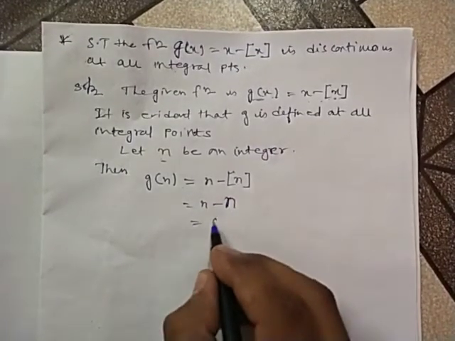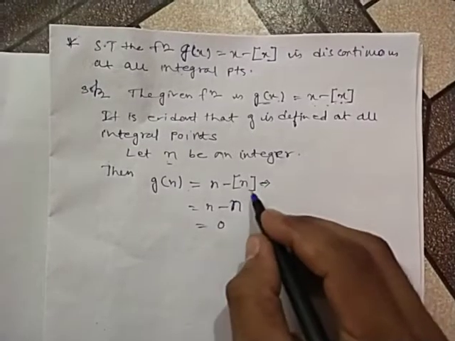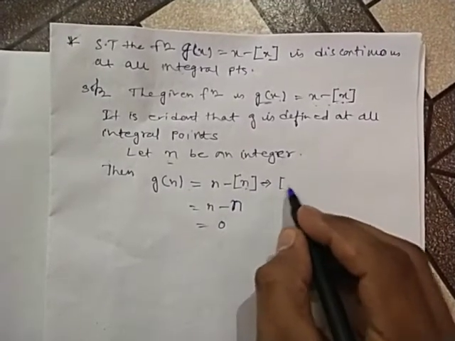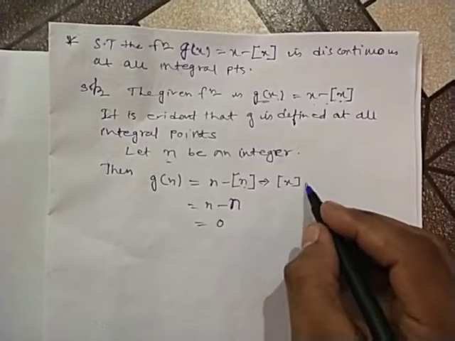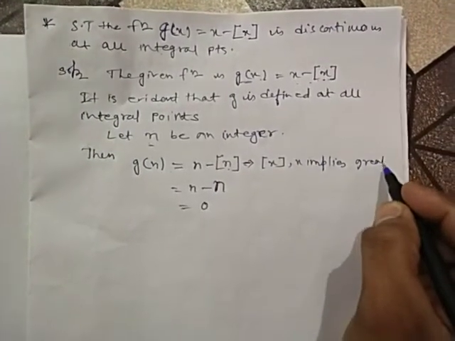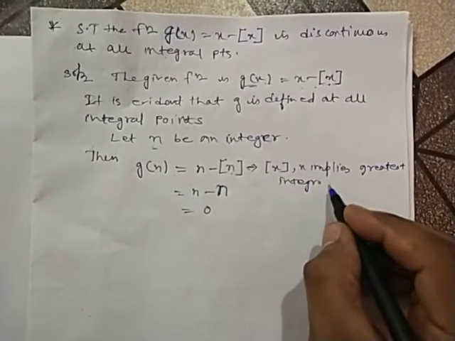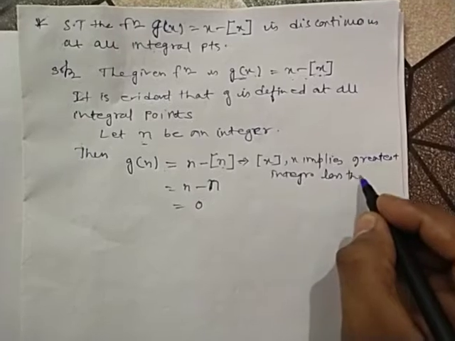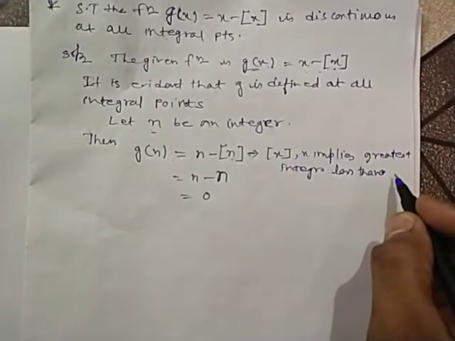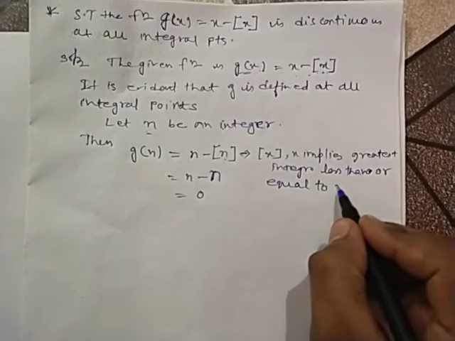Because [x] implies greatest integer less than or equal to x.